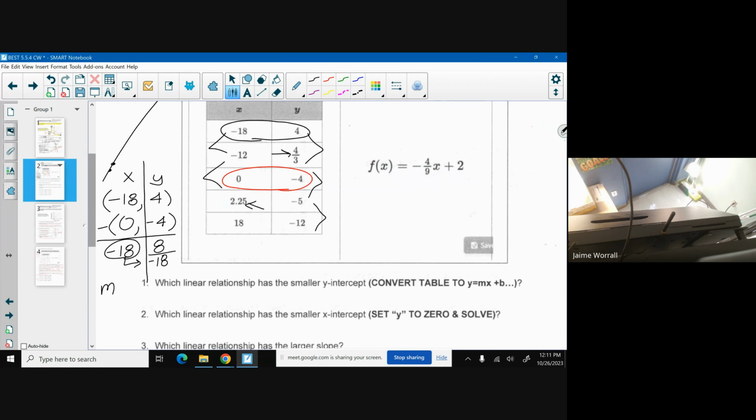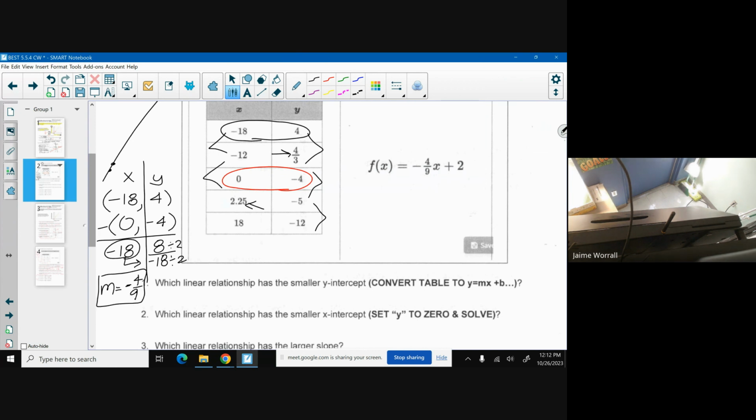Can I divide upstairs and downstairs by 8? No, I get upstairs but not downstairs. Can you go by 2? Okay. So divide by 2, and I'll end up with m equal to negative 4 over 9.